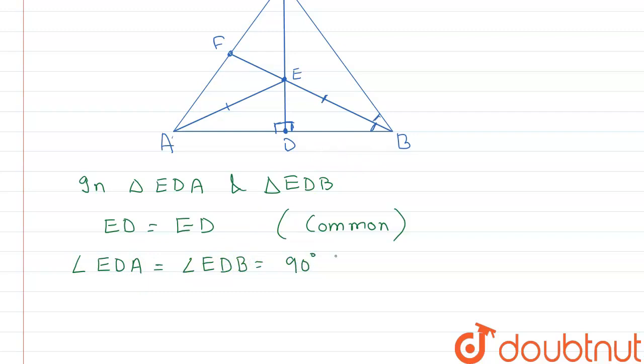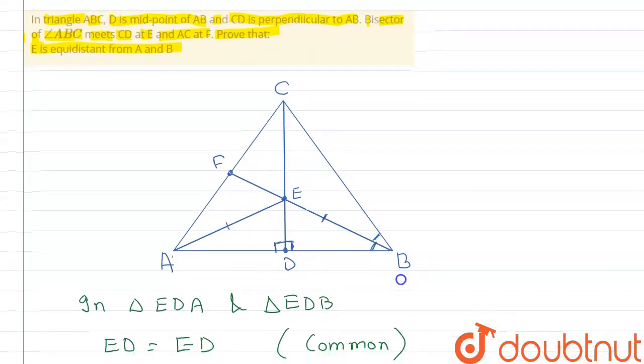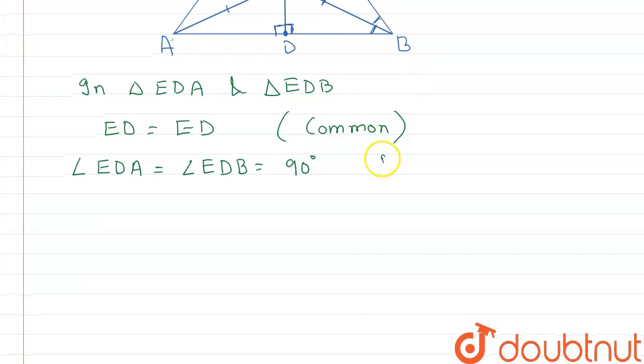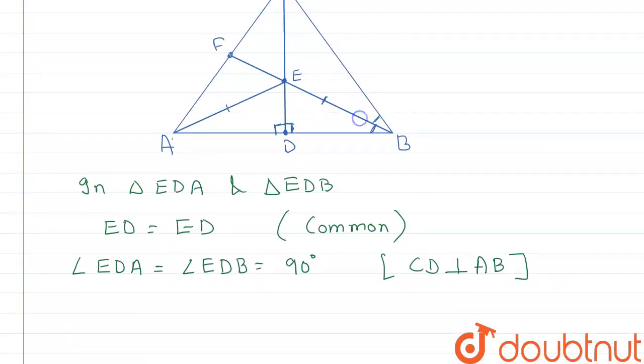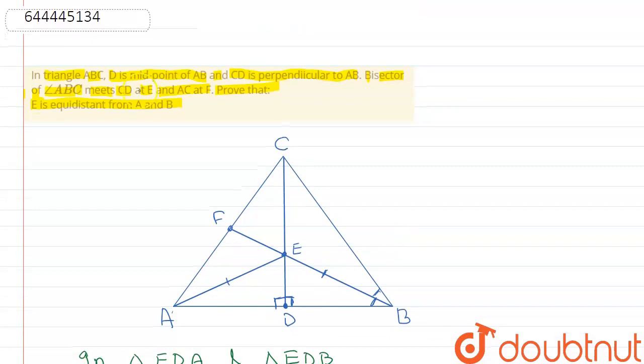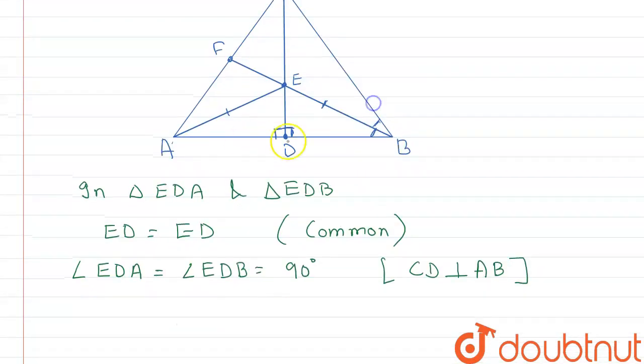Now it is 90 degrees because it is given in the question that CD is perpendicular to AB. So here we can write CD is perpendicular to AB, it's given. Also in the question it is said that D is the midpoint of AB.